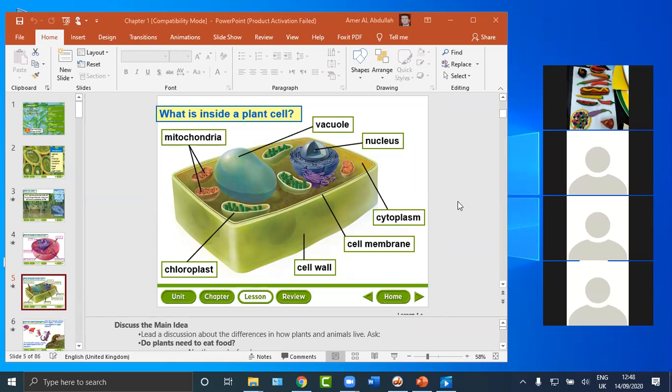Okay. Nucleus, control center. What about mitochondria? Define mitochondria. The job of mitochondria.